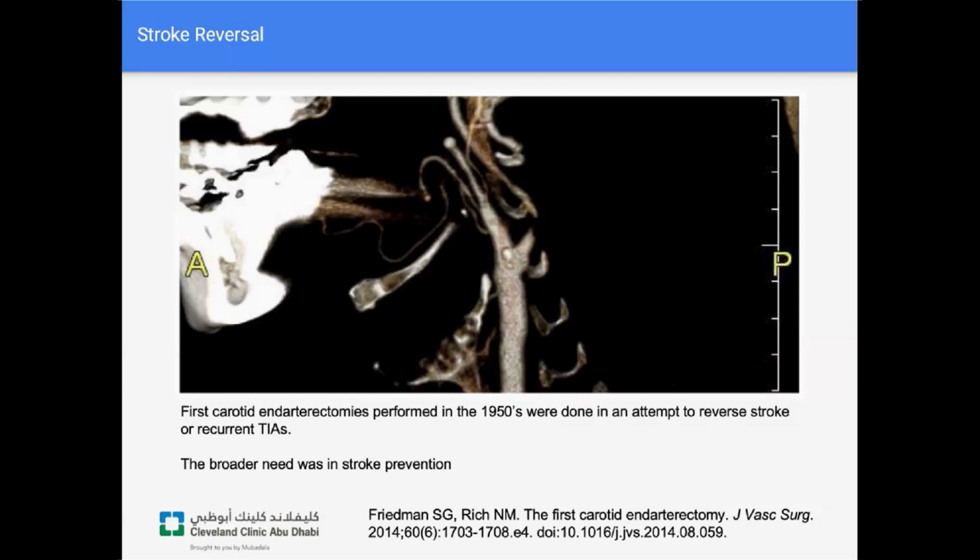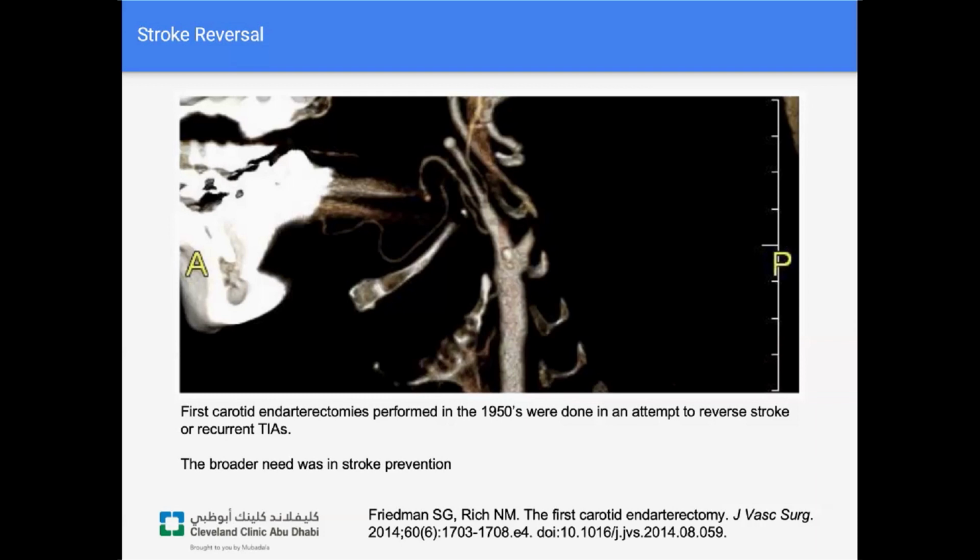And surprisingly enough, despite the high risks of this operation, we were able to get the plaque out and reflow her, and she woke up being able to speak again and was no longer paralyzed in half of her body. This kind of indication rarely happens. Nobody really has a stroke right in front of you, but it is something to think about, and that's why I call this the unicorn.